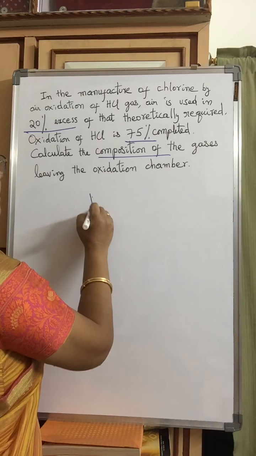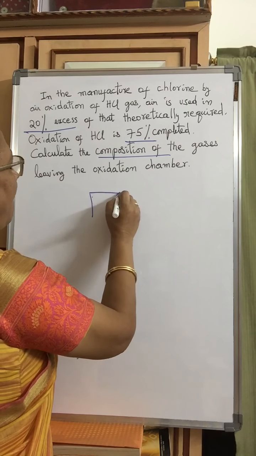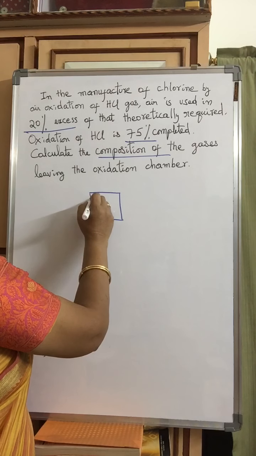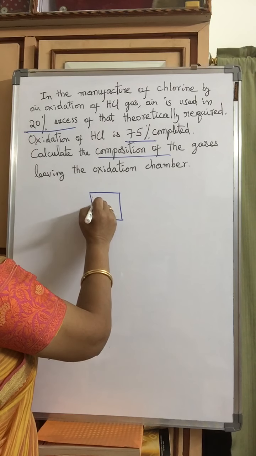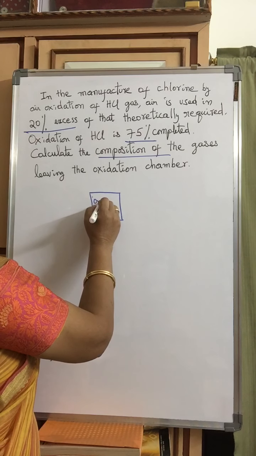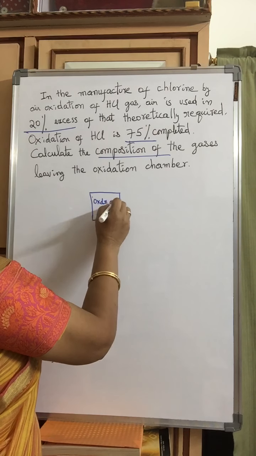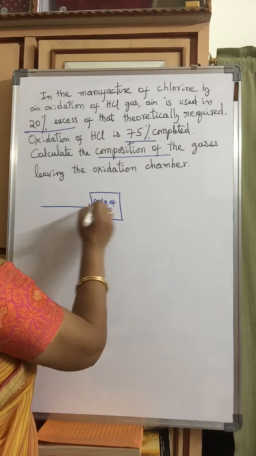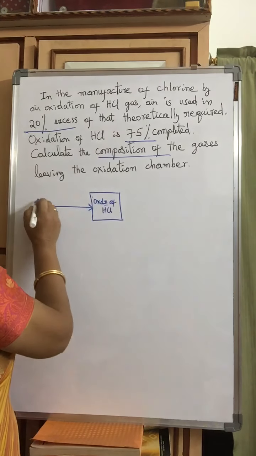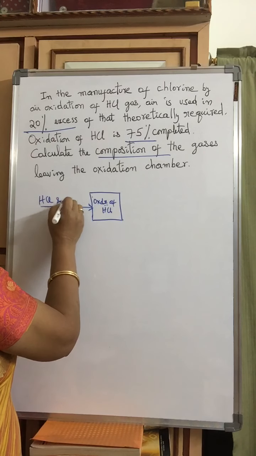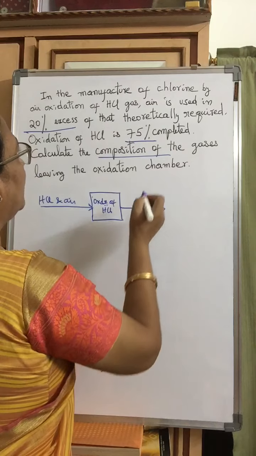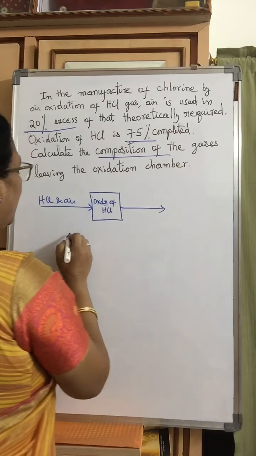The process is oxidation of HCl here. Now, what are entering here? HCl and air. And what are the leaving components here? And the reaction we need to write.